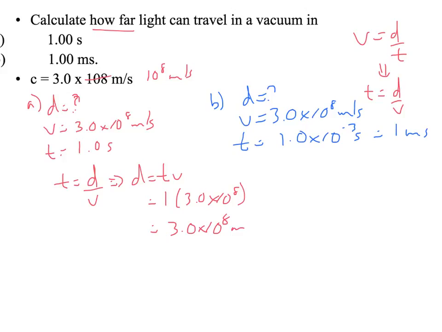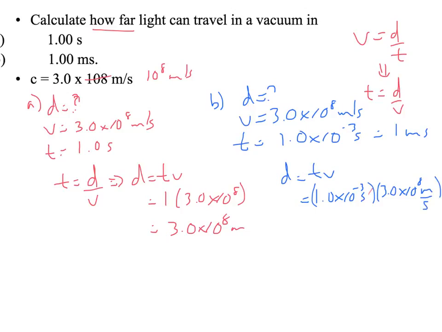Okay, so we use our same equation. Distance equals t times v, which is going to equal 1.0 times 10 to the negative 3 seconds times 3.0 times 10 to the 8 meters per second.